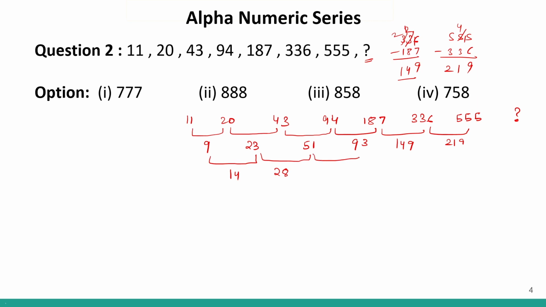Similarly, the difference between 51 and 93 is 42. Now, the difference between 149 and 93 is 56. The difference between 149 and 219 is 70.